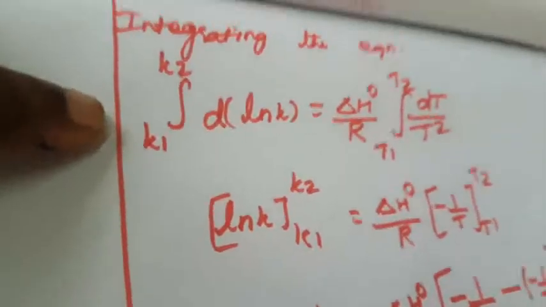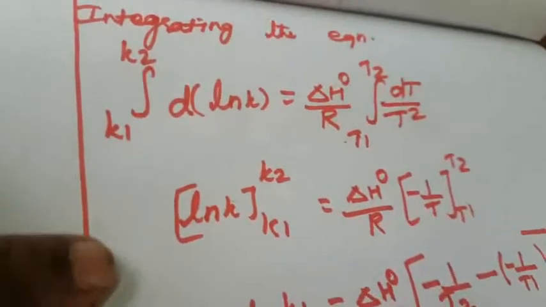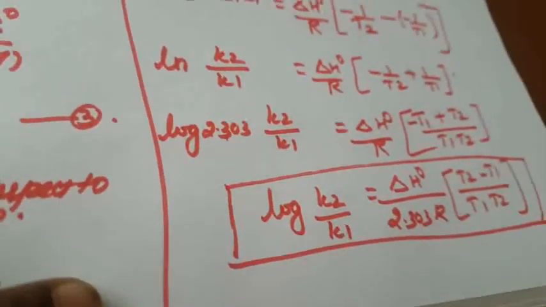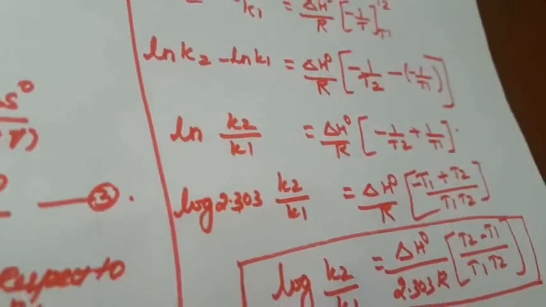Integrating again, d ln K equals delta H0 by R dT by T square. Substituting all those values and simplifying, you obtain this equation, which is called the Van 't Hoff equation.